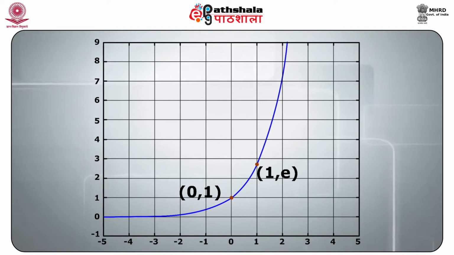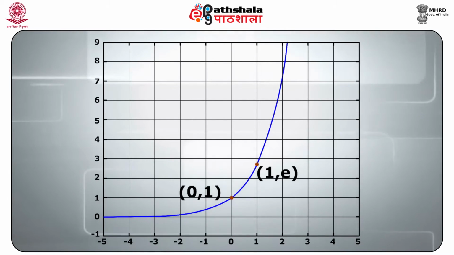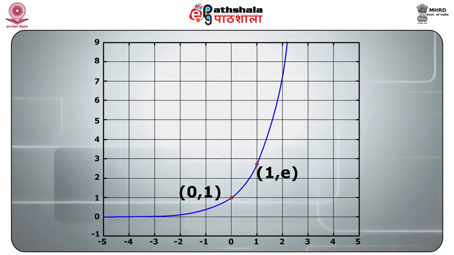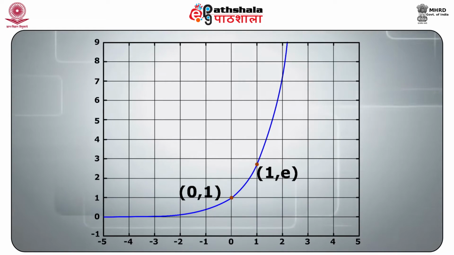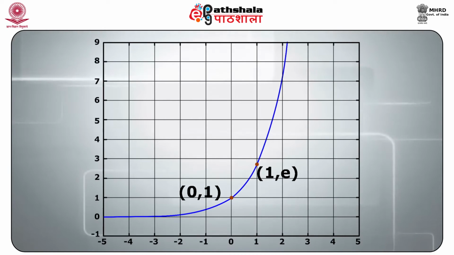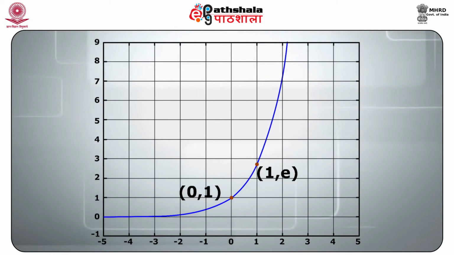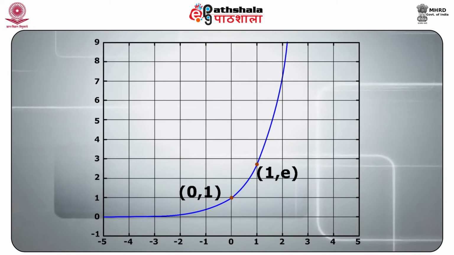When we look at the function, as x approaches 0 from the left hand side, f(0) approaches 1. The coordinates of x and y therefore are 0 and 1 when x approaches 0.